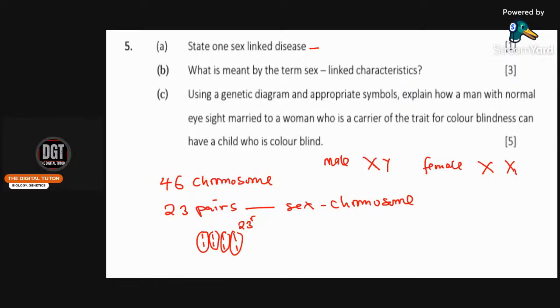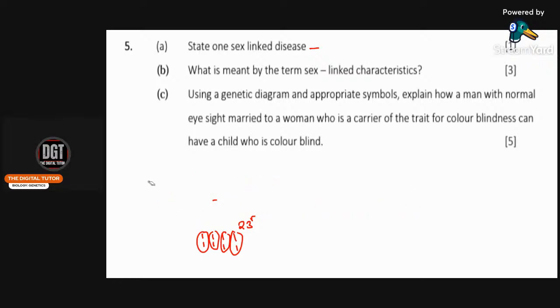All right, so now let us answer the question. I was just trying to explain some things so that it makes sense. State 1 sex-linked disease.